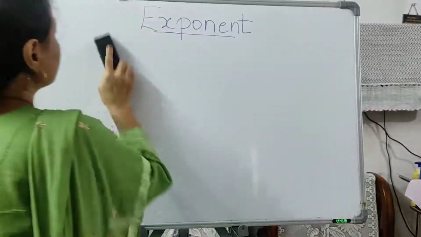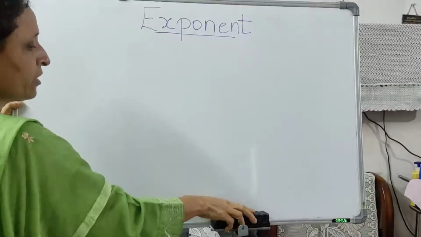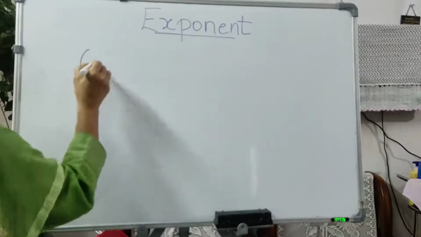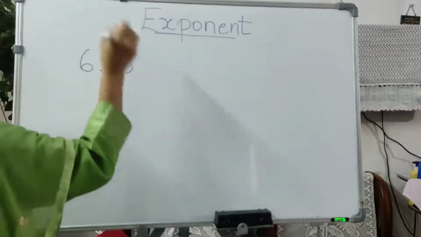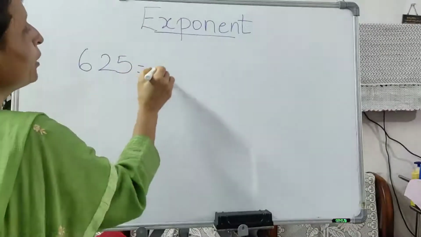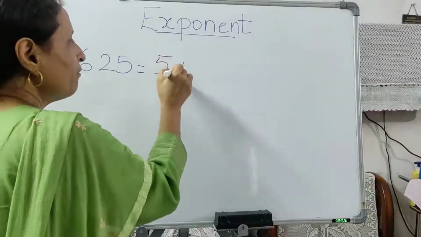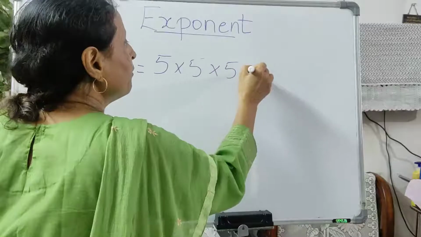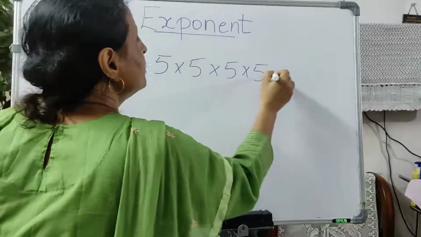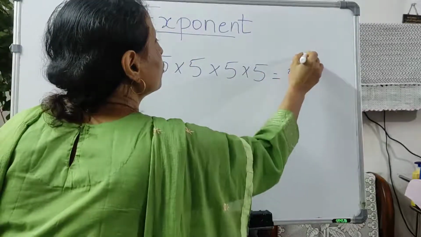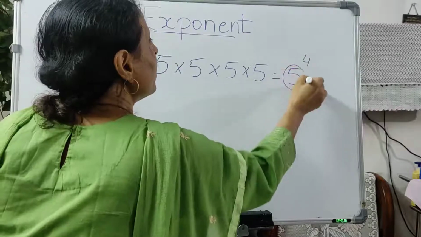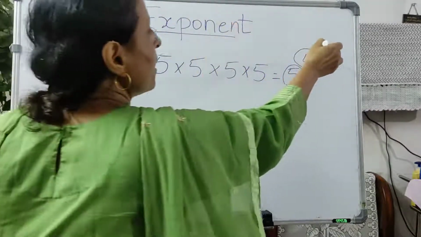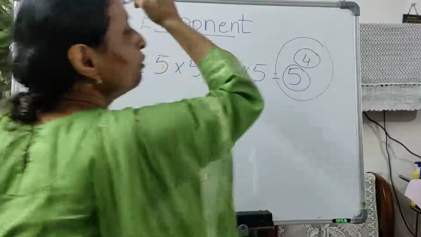So let us take a number which is 625. You can write it as 5 into 5 into 5 into 5. So here it is 5 raised to 4. What is the base? 5. And what is the exponent? 4. So now this number is in exponential form.